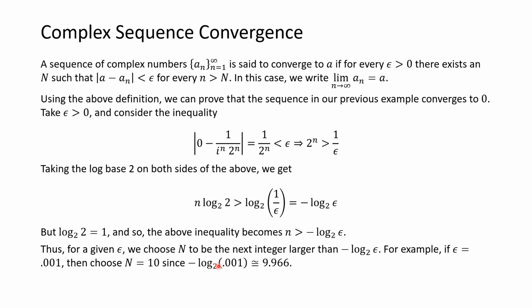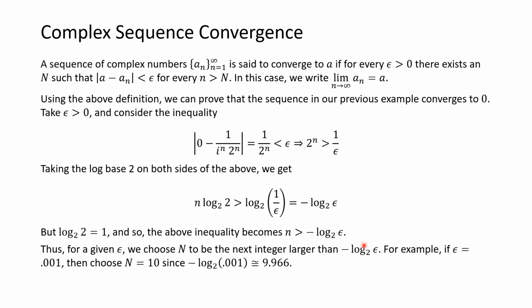So minus the log base 2 of 0.001 is 9.966, so we choose N to be 10, and whenever your small n is bigger than 10, then your difference between 0 and your sequence term is less than 0.001. And of course, you can make epsilon as small as you want. You just choose your N to be the next integer bigger than this number here, minus log base 2 of epsilon.